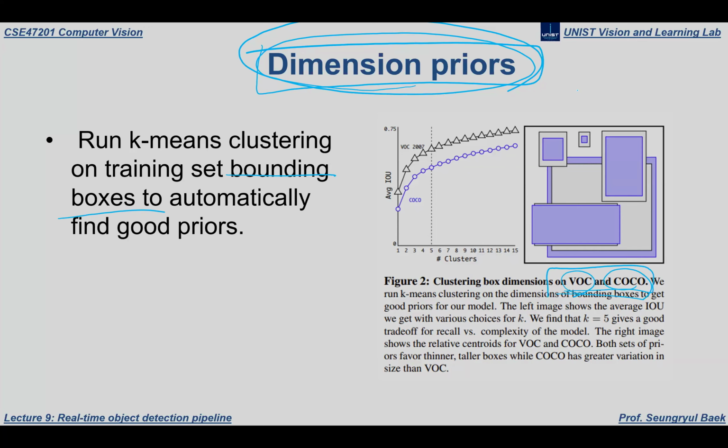And they first apply k-means clustering to the sizes of the bounding boxes. They said k is equal to 5, which means they collect all the bounding boxes from the training data and apply the k-means clustering algorithm that we have learned. They cluster the bounding boxes by their width and height.